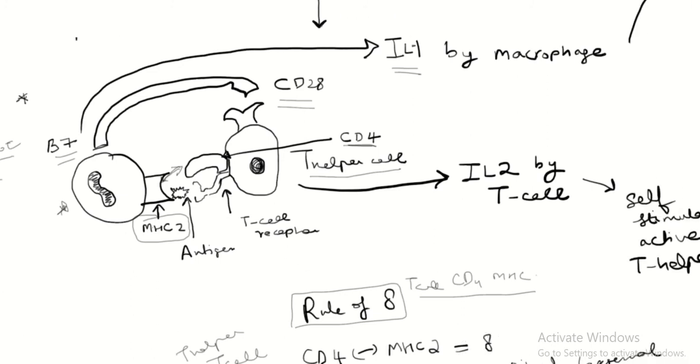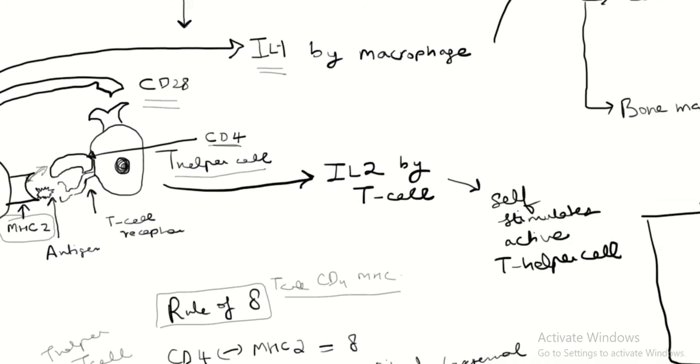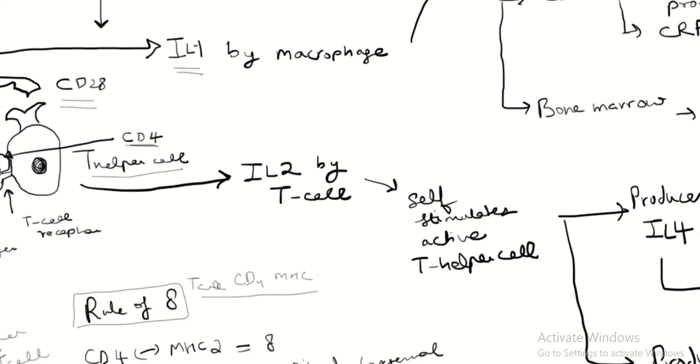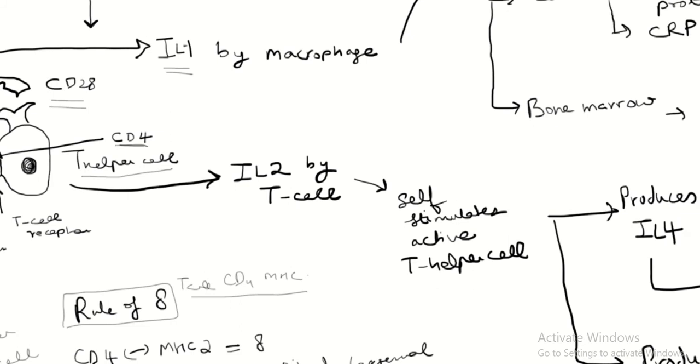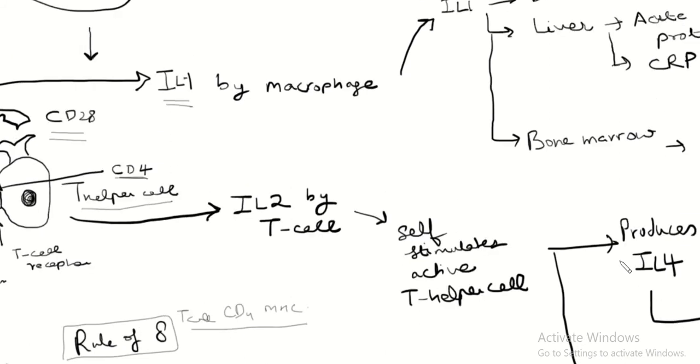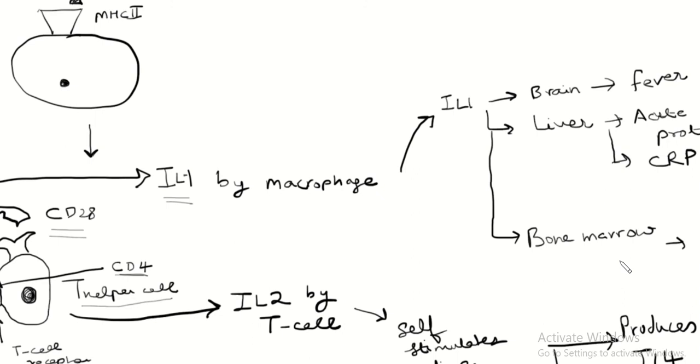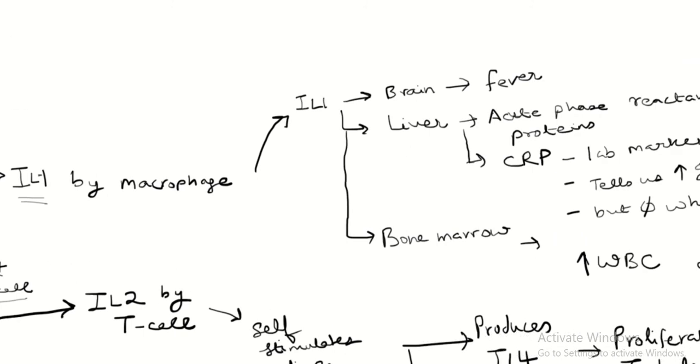We locked and loaded, and then once the lock and loading happened, interleukin 1 and 2 are produced. Interleukin 1 does what? Remember, we've covered it before. Gives you what? Fever, C-reactive protein, and increased white blood cells.